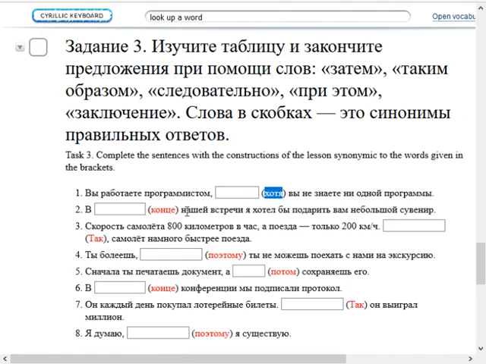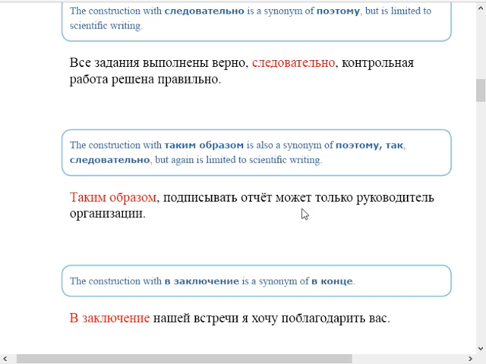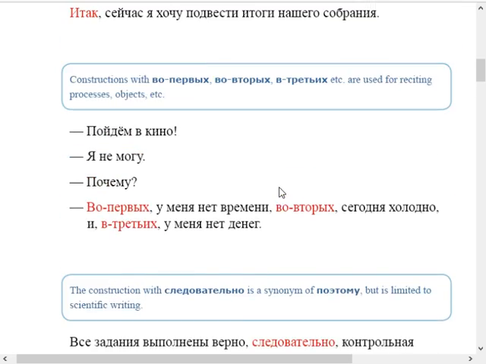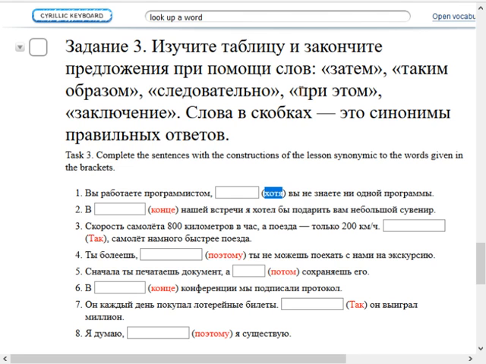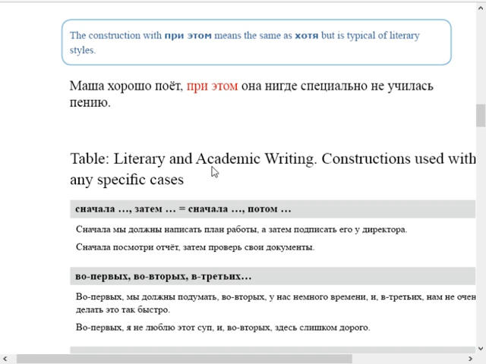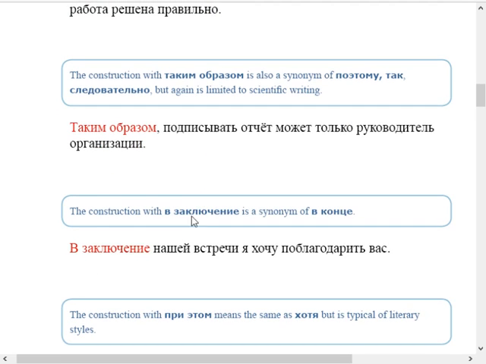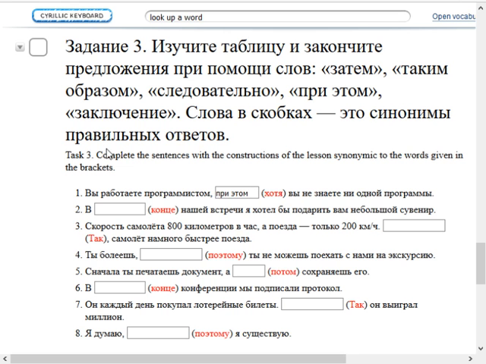So, I mean, really, if you look at this, you can see what the synonyms are. So, for example, what was the synonym for хотя? It was при этом. So I can actually just copy this from here and stick it in there. And then в конце, в заключение. So, в заключение, and так.